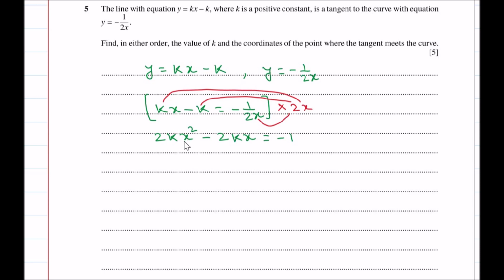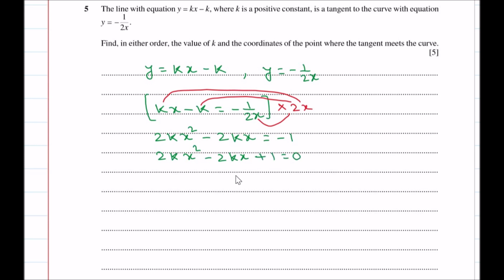Now let us bring minus 1 to the left side. So 2kx square minus 2kx plus 1 is equal to 0.